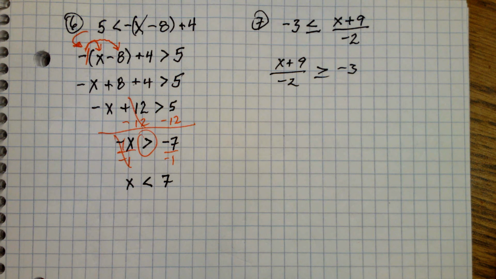So this is kind of like a grouping symbol. It's telling us take care of the division first before all the other stuff. So it's telling you to do something out of the normal order. Normally we wouldn't worry about dividing or multiplying till like the second or third step, but here we got to remove that so we can get to the x plus 9. So we're going to multiply on both sides by negative 2.